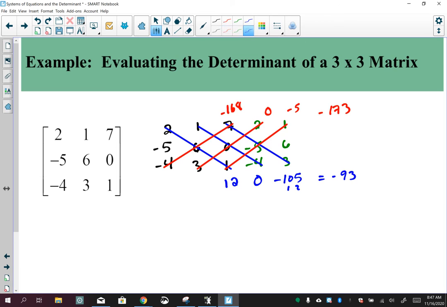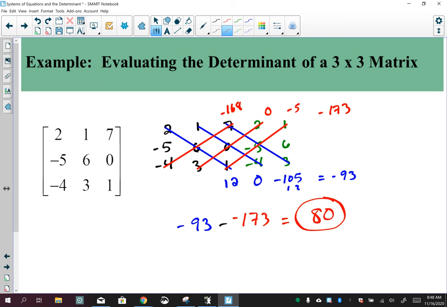And then I take my -93, and I'm going to subtract my -173 from that. You're actually going to wind up subtracting these, because that's the order of the formula it wants you to do this in. So we have -93 minus a -173, and that winds up being a +80, and that's going to be your determinant.